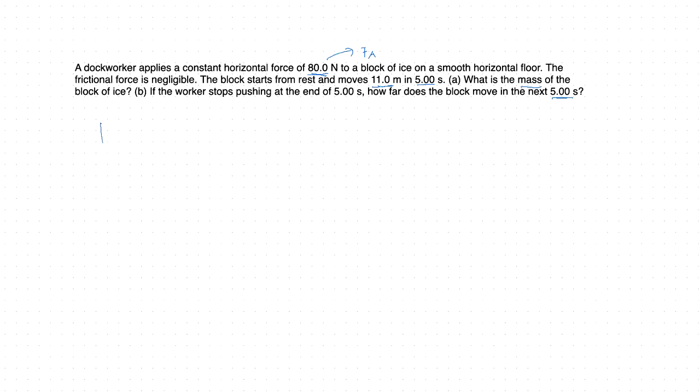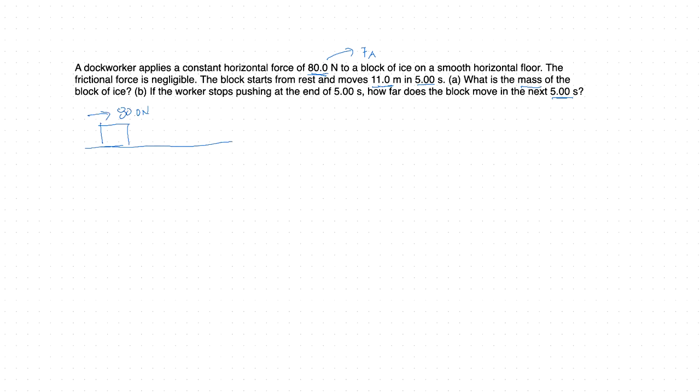Now, as we can see what will happen here. Let's say this is the block of ice. We know that there is an applied force of 18 newtons, and it is continuous. Since it is constant, we know that it has constant acceleration. The first thing we need to do is identify the forces acting upon our object, which is the ice.